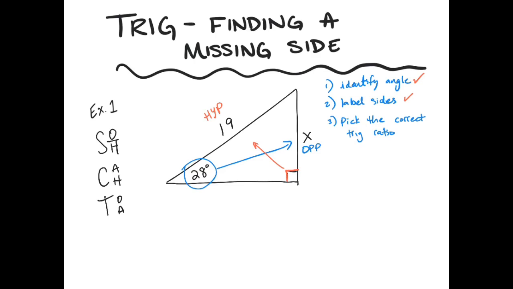And because in this triangle I'm dealing with the opposite and the hypotenuse, I'm going to look for the ratio that deals with the opposite and hypotenuse. Well, sine deals with the opposite and hypotenuse. So I'll use sine.